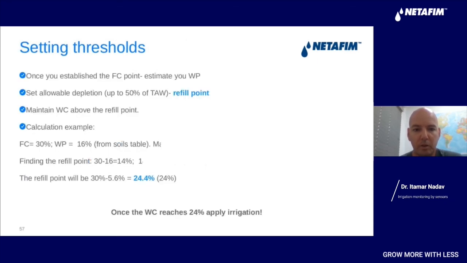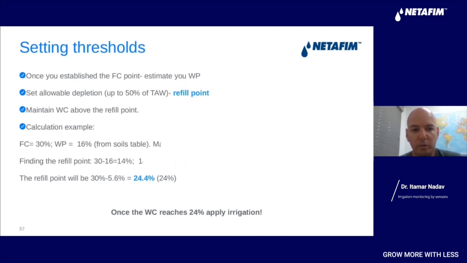So once you know your field capacity, now you can find your threshold for irrigation. You can estimate your wilting point from the table that I showed you previously.